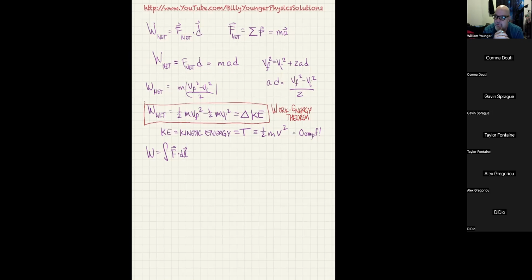And I can tell you definitively that total work since then, from Monday to now, is very, very likely to be 0. That's part of the power of the work-energy theorem.